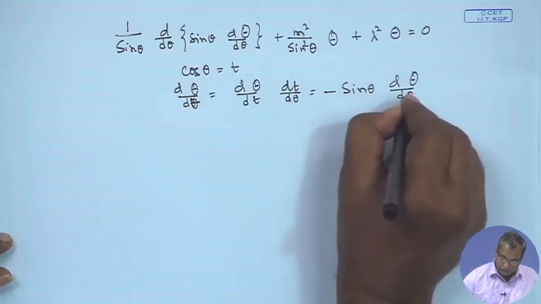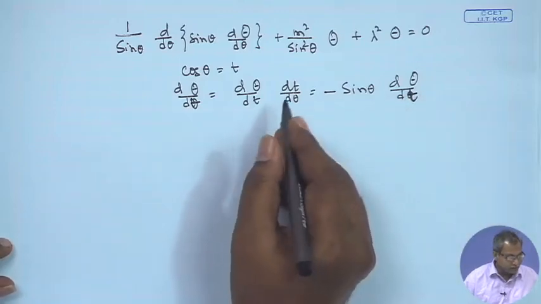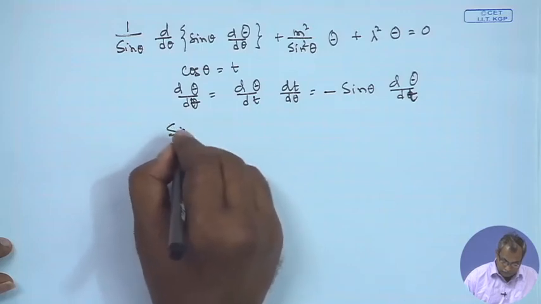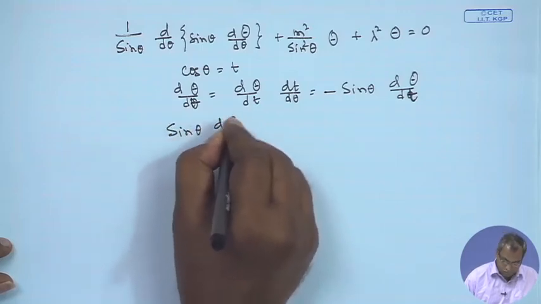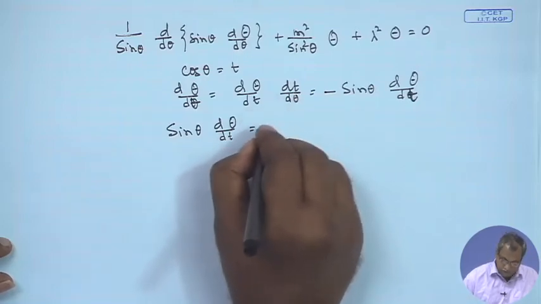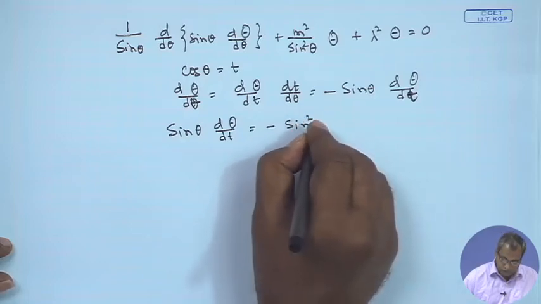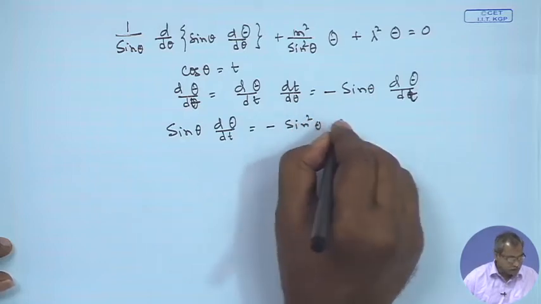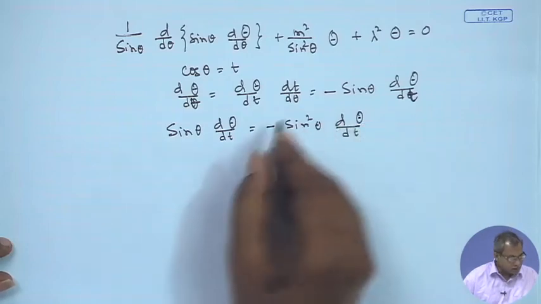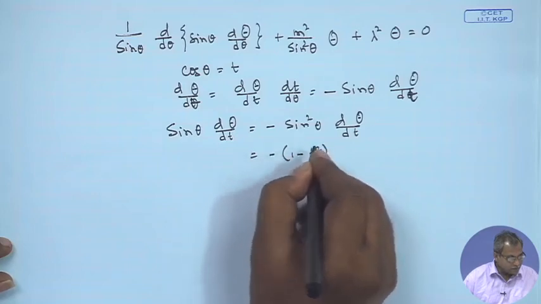I am expressing this in terms of the transformed coordinate t. So sin theta d/d theta will be nothing but minus sin square theta d/dt, which is minus 1 minus t square d/dt.